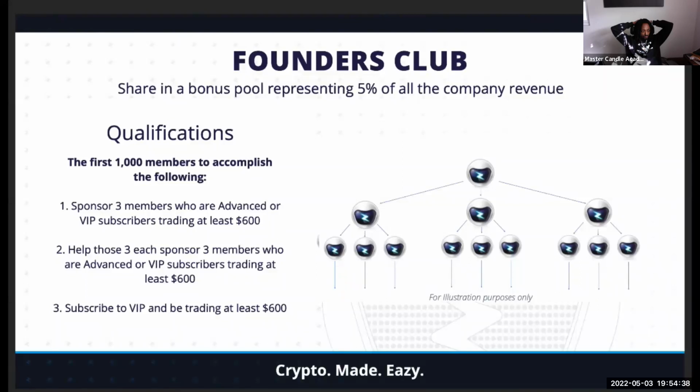Guys, the company's goal is to have about 250,000 paid members in their first year. When this happens, the first 1,000 members to accomplish the Founders Club are going to share in a bonus pool of 5% of the company's revenue for life. What that means is after the first year, when that 250,000 paid members is accomplished, you'll be earning about $40,000 residually hands-free.